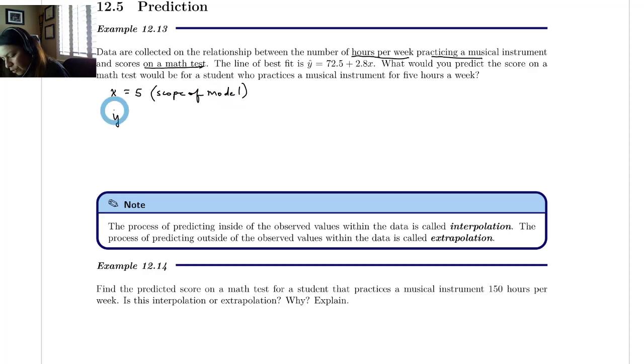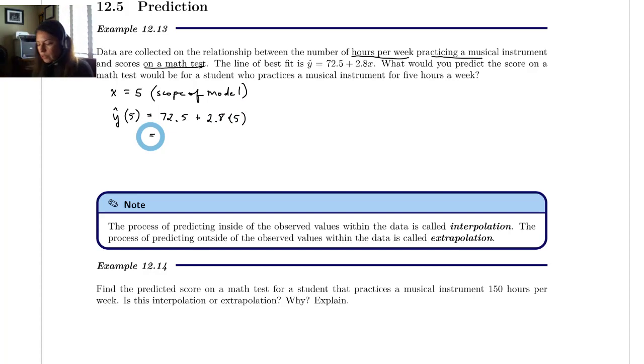And so what you do is you just take y hat and plug in 5 for x. When you do that, you could just put it in the calculator and you'll get 86.5. I just want to get to the result so we can make a conclusion.